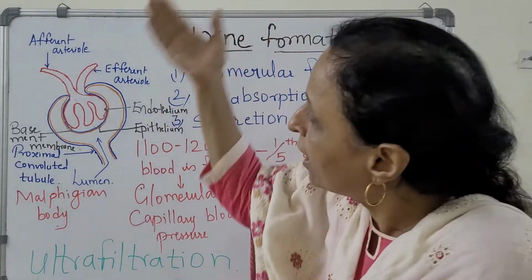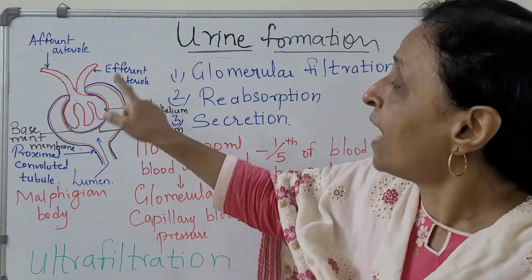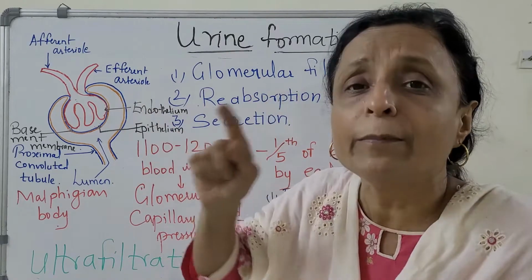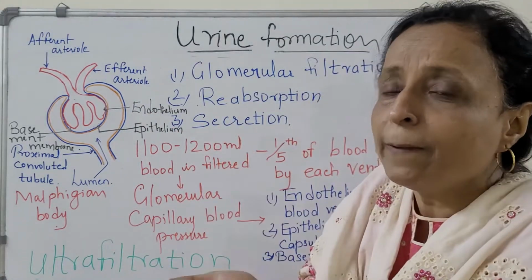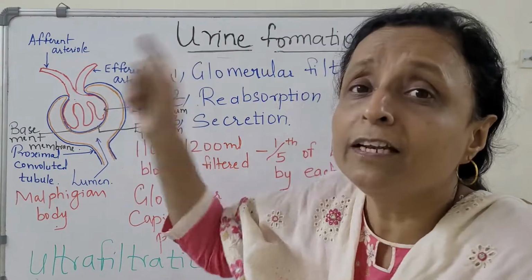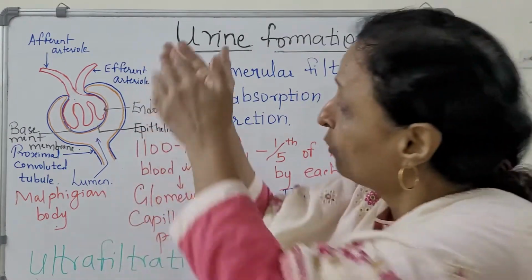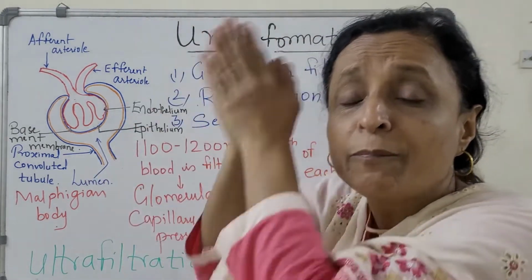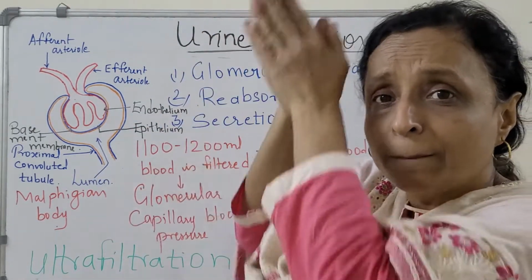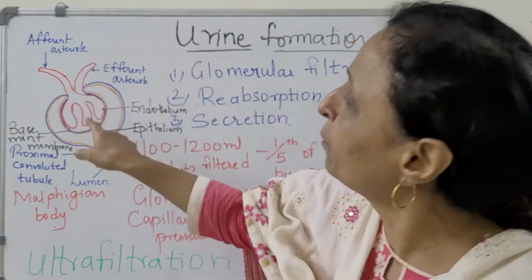So it has passed through 3 layers, that is, the endothelium of the glomerular capillaries, the basement membrane, and the epithelium of the Bowman's capsule, and passed into the lumen. All the substances of plasma have come through the pressure except the protein.